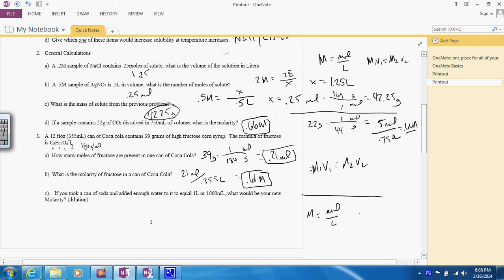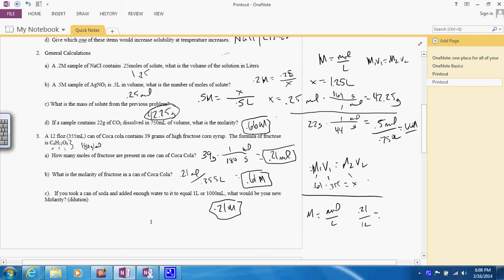I know I have 0.21 moles divided by 1 liter is 0.21 moles per liter. If I were using this formula, it would be 0.61. Original volume is 0.355. Ending molarity is what I'm looking for.